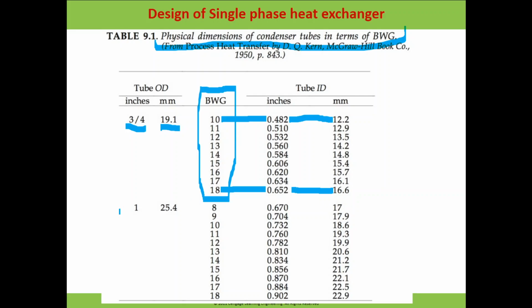Similarly, if your outer diameter is 1 inch or 1.5 inch, then accordingly you can take the inner diameter from this table, that for 10 BWG the inner diameter will be 18.6 millimeter. Okay, so this is how we will get the inner diameter when we know our outer diameter and our BWG.